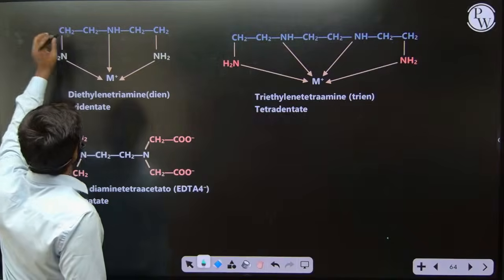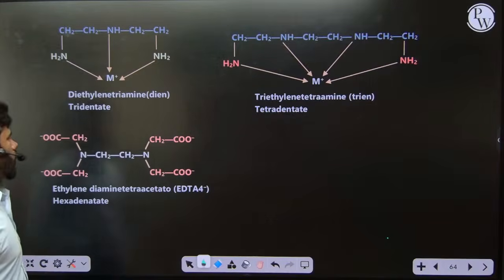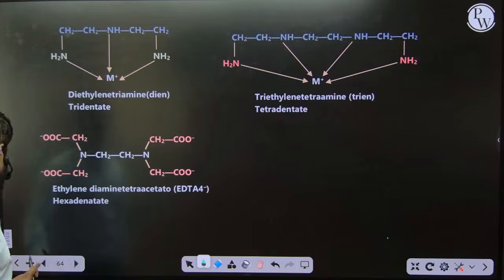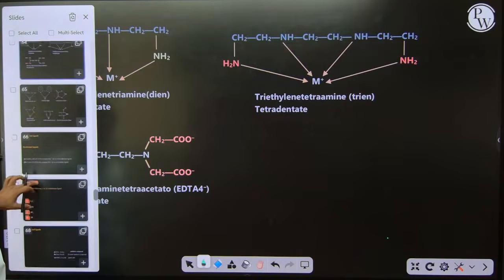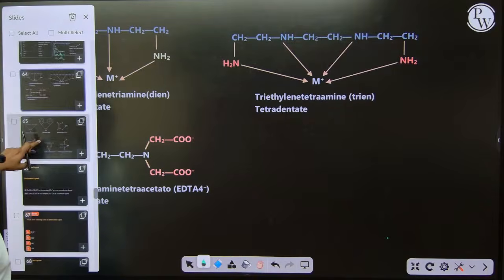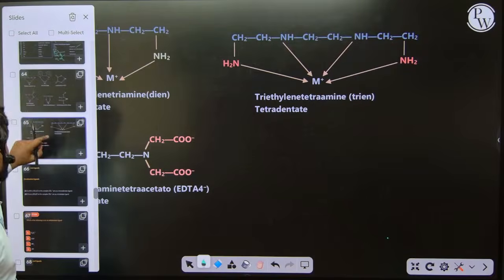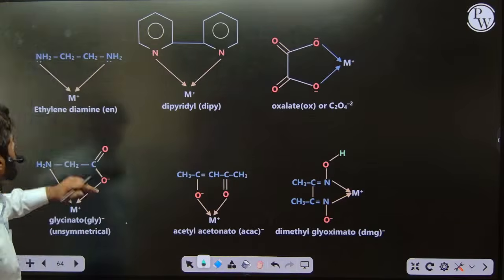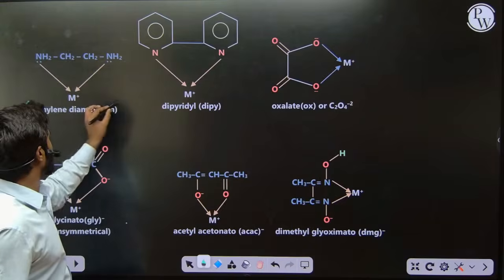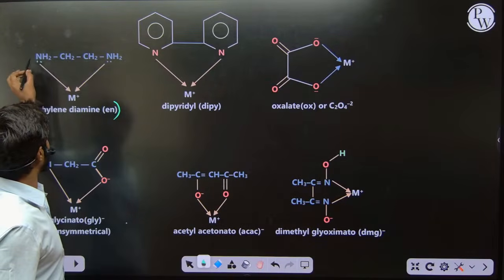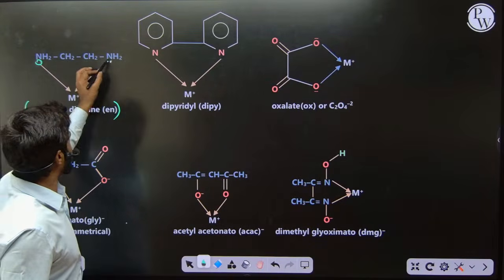Next, bidentate and tridentate ligands. Bidentate ligand: ethylene diamine. Ethylene diamine has two nitrogens which can donate electrons.